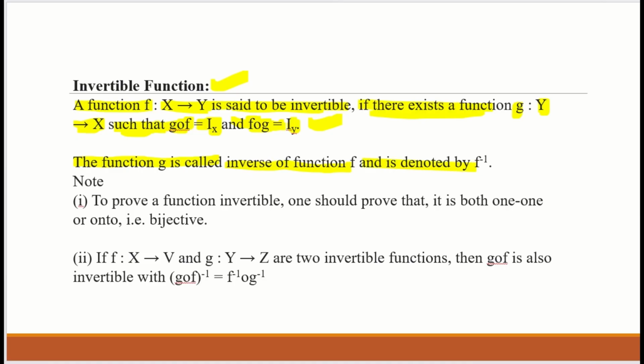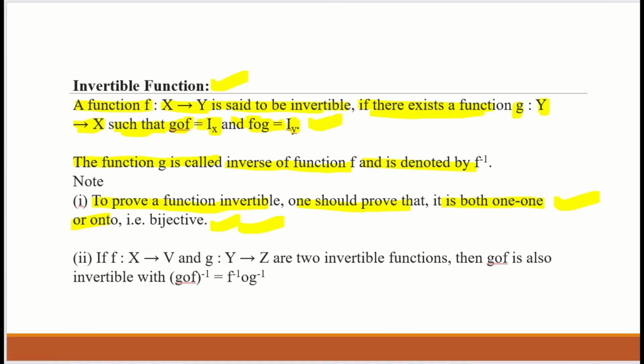To prove that a function is invertible, one should prove that it is both one-one and onto. This is one of the easiest ways to show that it is invertible. Just prove that it is one-one and onto. Then it is bijective. Every bijective function is invertible.